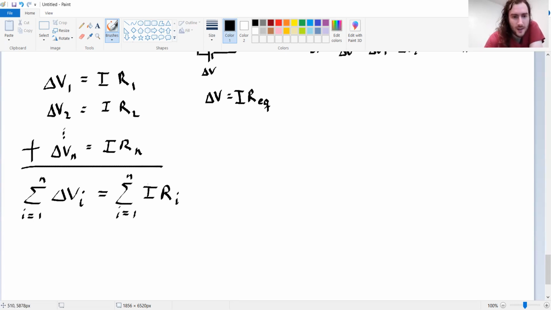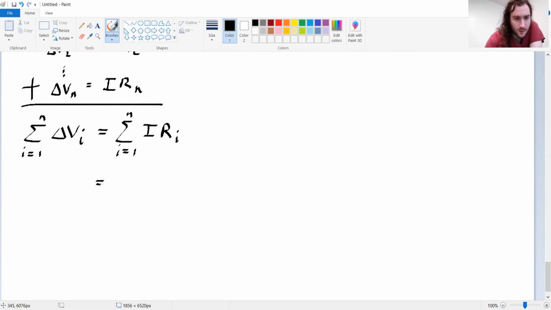But the current here can pull out of the summation. It equals I times the sum from I equals 1 to n of R sub I.